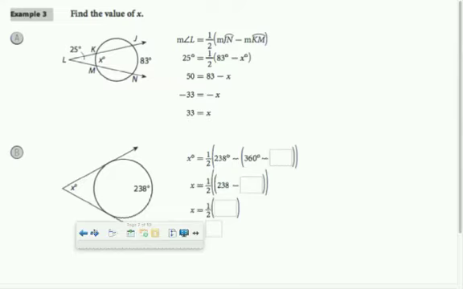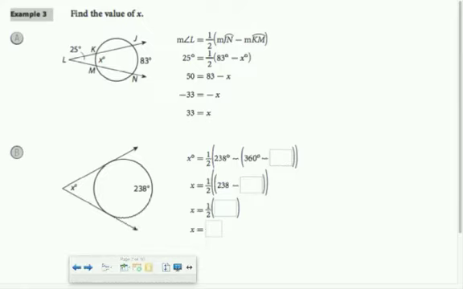In example 3, part A, you see that we are using the fact that angle L is half of the difference between 2 arcs in order to find the measure of arc KM, and they found it to be 33. In part B, X is the angle formed outside the circle. It is half of the 2 arcs that it's going through.